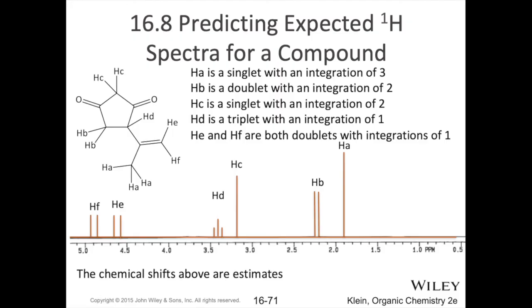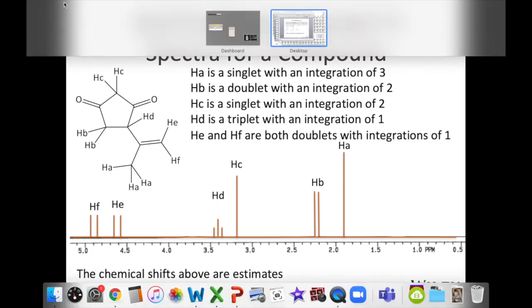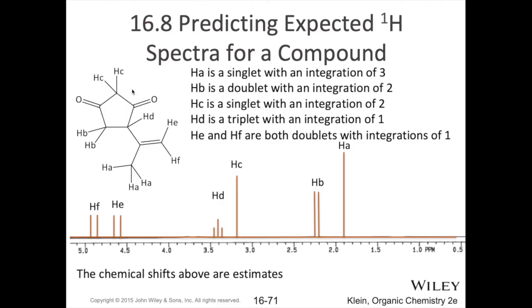Hydrogen C over here is in between 2 carbonyls. It's a methylene proton that's sent 1 ppm downfield by each of these carbonyls, so 2 ppm in total. Again, that's why it shows up somewhere around 3.2.